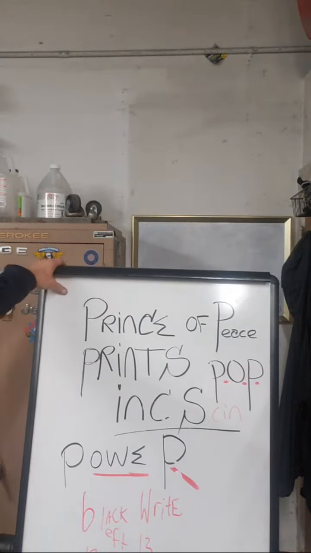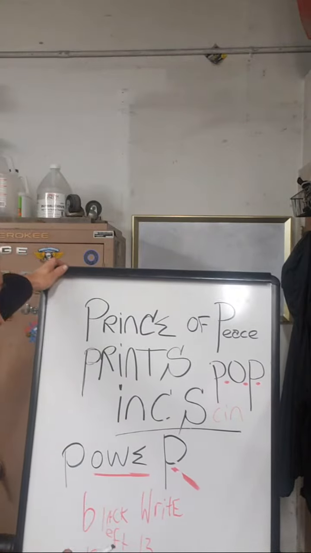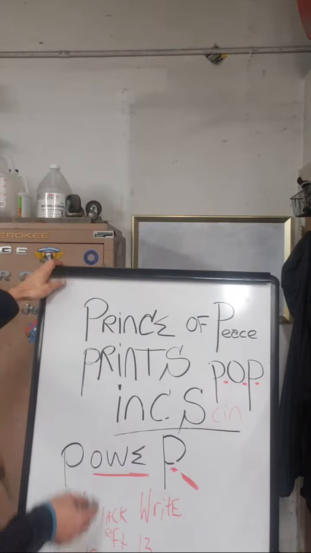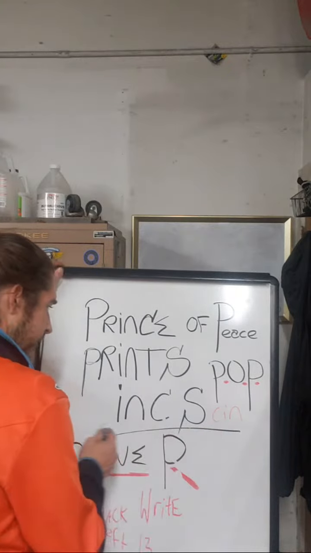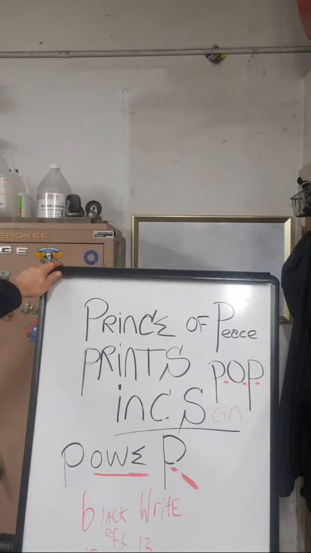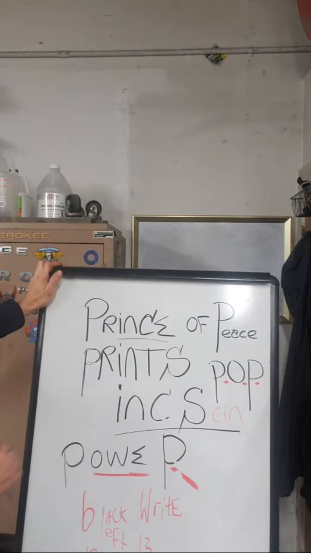Because we look at prints. You know, the first print was the Bible, and in prints, that can also be like ink, how it's in prints. And then we also see sin too.